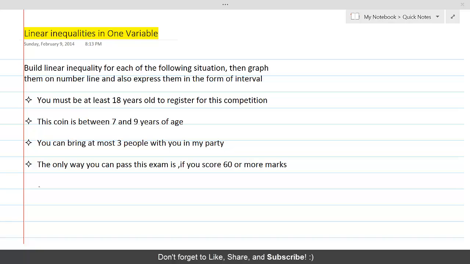Let's get started with scenario number 1, which says that you must be at least 18 years old to register for this competition.